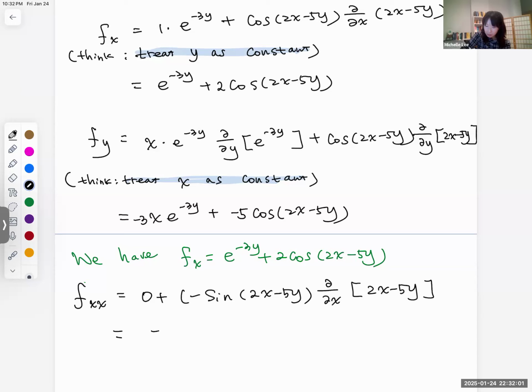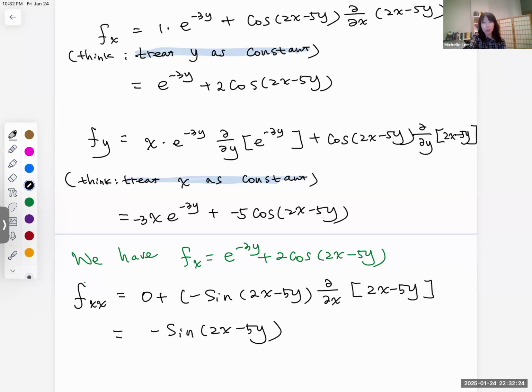That will be negative sine of 2x minus 5y, and the derivative with respect to x of the inside is just 2.